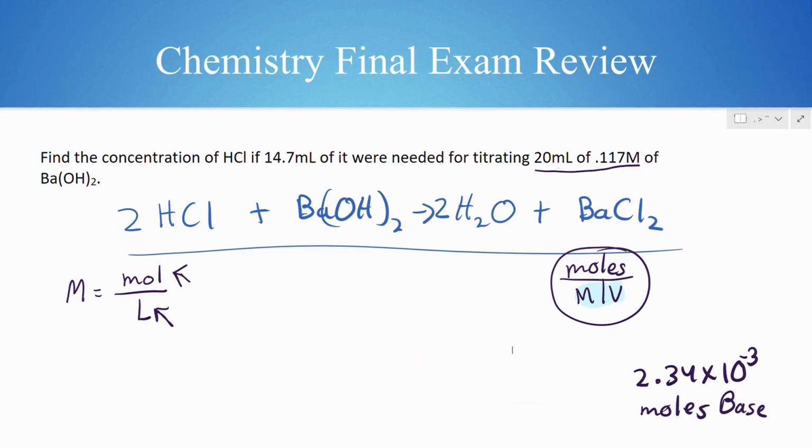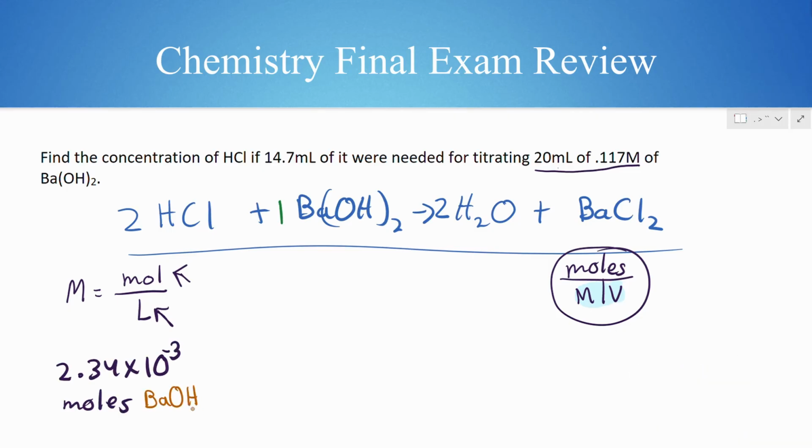Now, like I said earlier, we need to pay attention to this ratio. Because if we have this many moles of base, well, we have twice as many moles of HCl. So this value needs to be multiplied by 2 so we can find our number of moles of acid. We could also do this equation where we say this many moles of base, we're going to multiply that by this ratio.